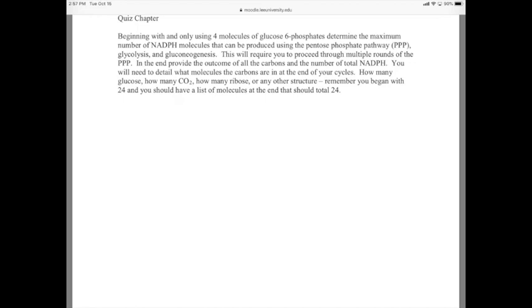Okay, let's make sure I'm okay. Over here I should have 24. I have 15 carbons here. I have 6 carbons there, and I have 3 carbons there. That totals what? 24. Do you see something?